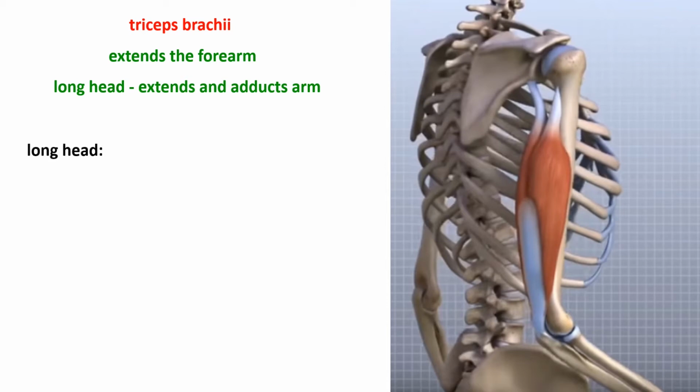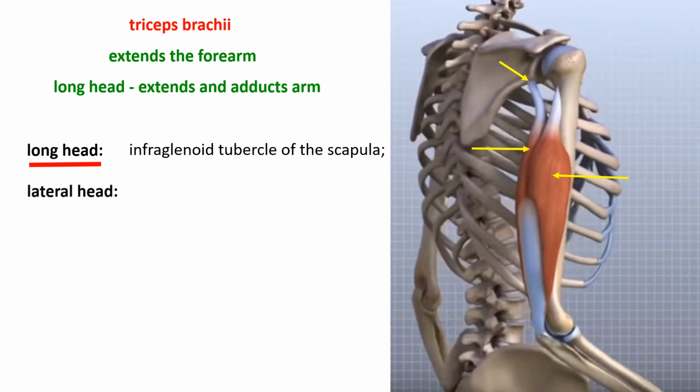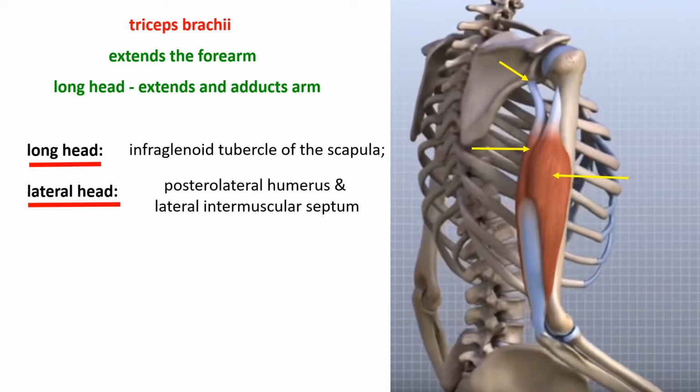Now, the long head comes from the infraglenoid process of the scapula. The lateral head comes from the posterolateral humerus and its intermuscular septum, separating the anterior from the posterior compartments.